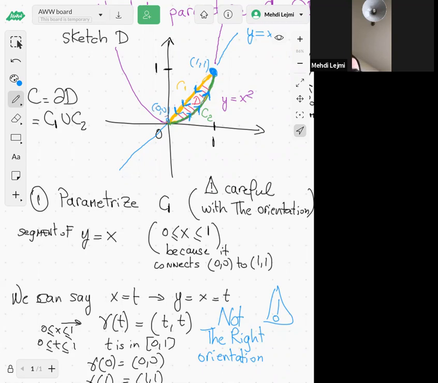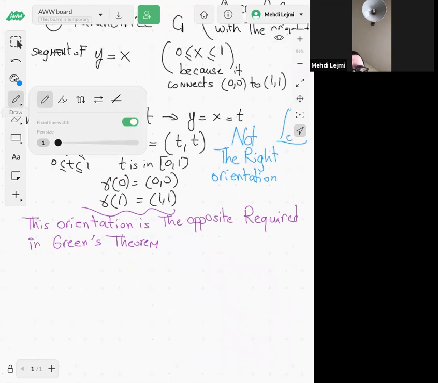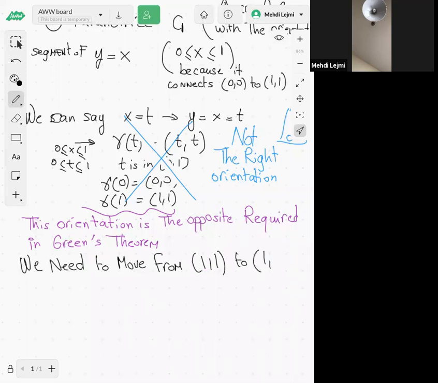This is not the right parameterization, because it gives you the opposite orientation. So you need to move from 1, 1 to 0, 0.